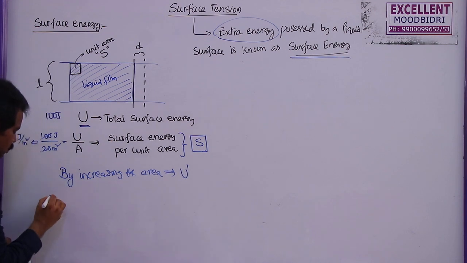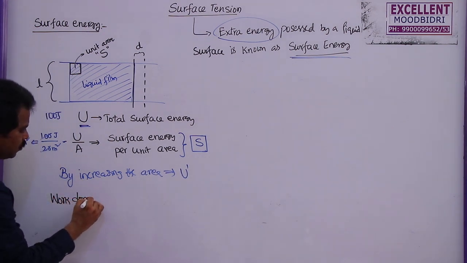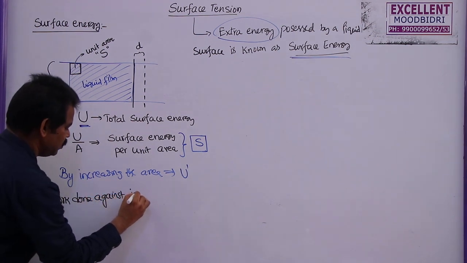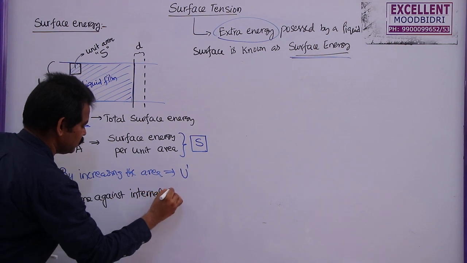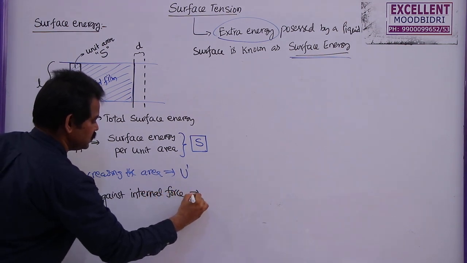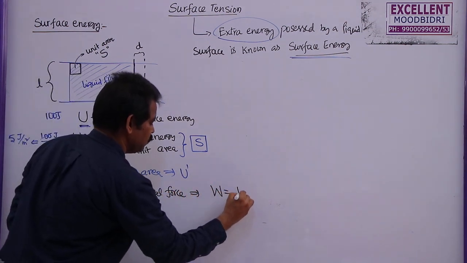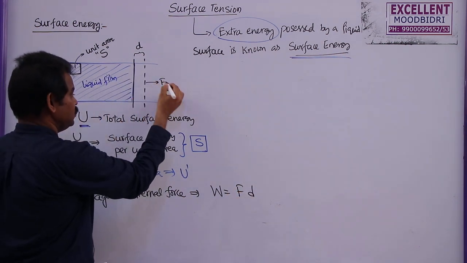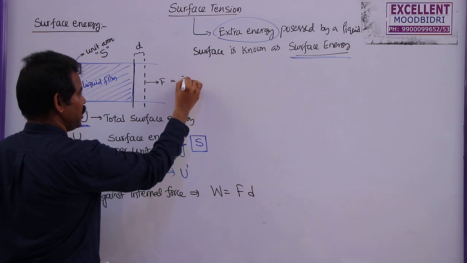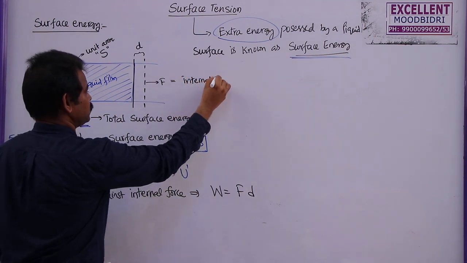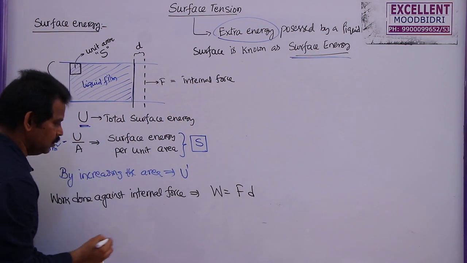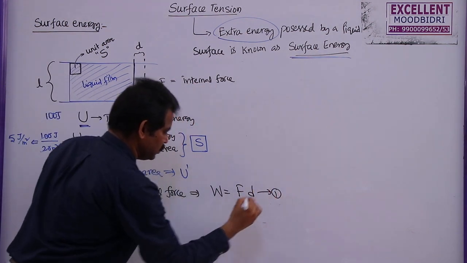The work done against internal force is given by W equal to force into displacement, where F is the force applied by me, which is exactly equal and opposite to the internal force between the liquid and within the liquid. So this is work done. Let me take it as 1.